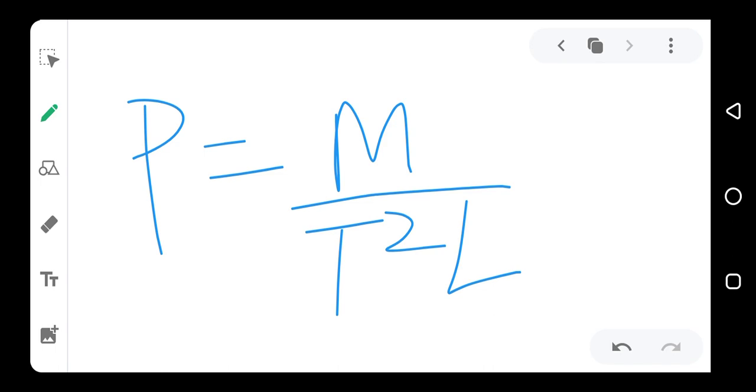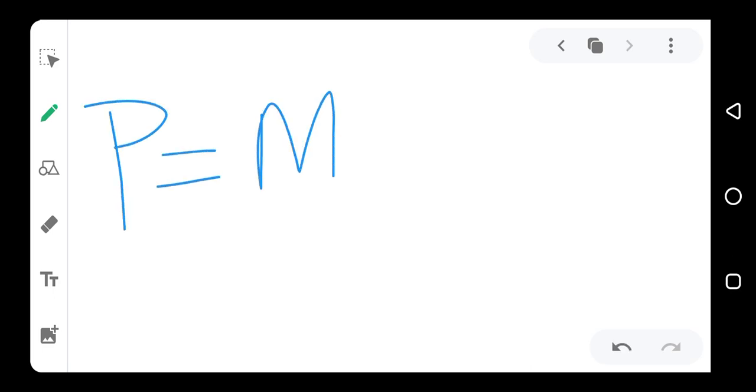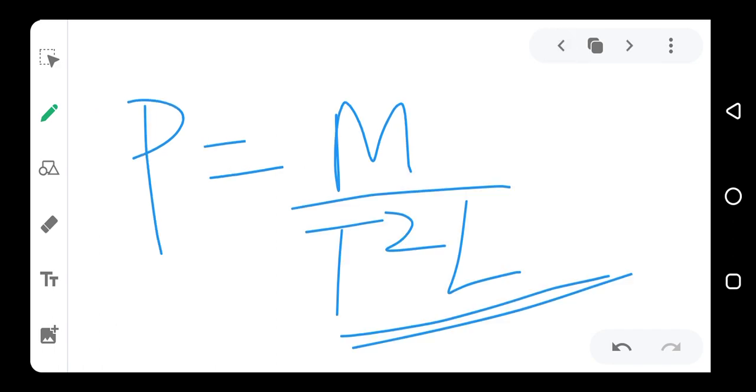This is the dimension for pressure. We can also make everything to be on a straight line, as the dimension of pressure is equal to M. This is a denominator.